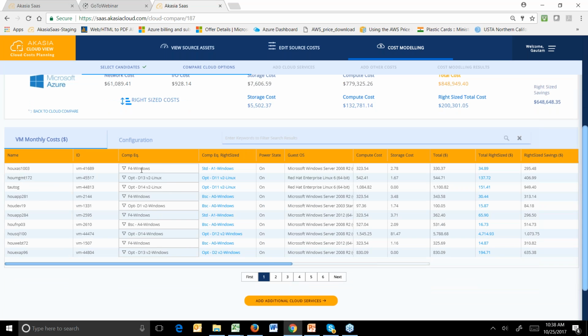Based on the configuration, this is the specific shape or size of the virtual machine in Amazon that it maps to. This one is basically what we recommend based on the utilization within that particular system, utilization of CPU, memory, and storage. And as you can see, as you move, these are the more information about that particular system.